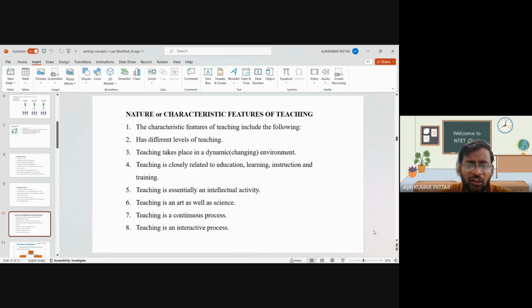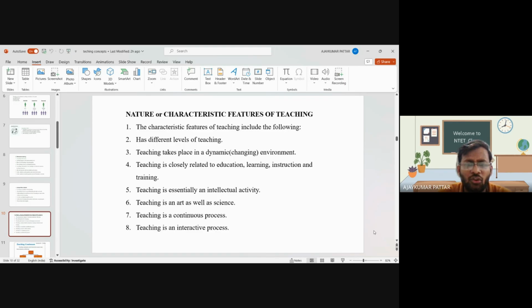If you compare two classes, from today's class to tomorrow's class, something changes. That is dynamic change. Something will change in every teaching process. It is not the same every time.